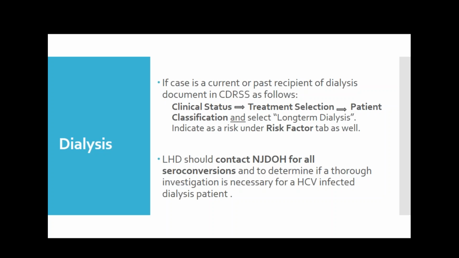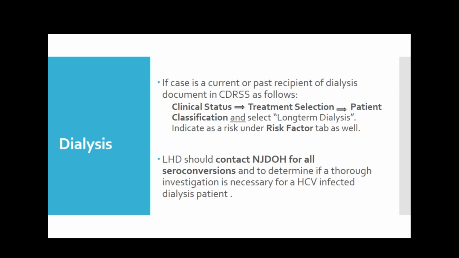So in terms of CDRSS, we ask that if a case is a current or past recipient of dialysis, you document in CDRSS as follows. You go to the clinical status tab, select treatment selection, then patient classification, and select long-term dialysis.